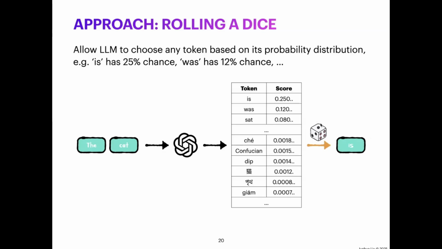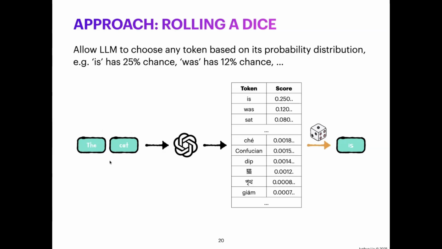The second approach that is potentially better or more robust than the top one approach is to roll a dice, right? So this dice has 262,000 faces rather than six faces, and the probability of landing on each face will be according to the probability distribution corresponding to all these tokens, right?